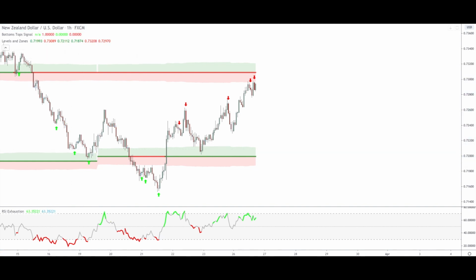So what I'm looking at are three conditions. We need to have three conditions all true. So the first one is that the price is moving higher, but at the same time significantly higher, but at the same time the RSI is going down.